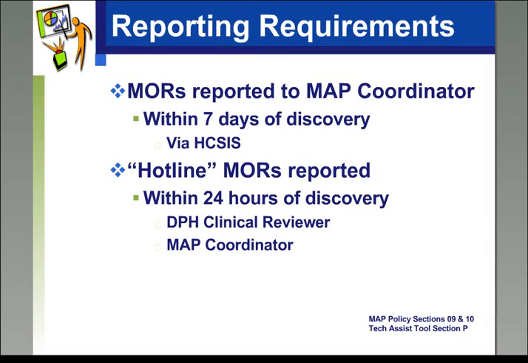In addition to HCSIS, if you realize the med occurrence is a hotline, a DPH form must be completed and faxed to the DPH clinical reviewer and your MAP coordinator within 24 hours of discovery. A hotline MOR is when medical intervention, illness, injury, or death follow a medication occurrence.